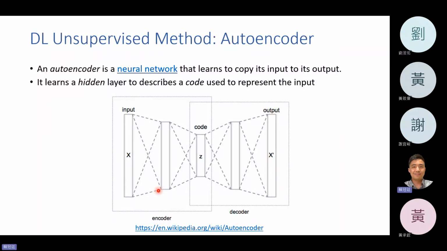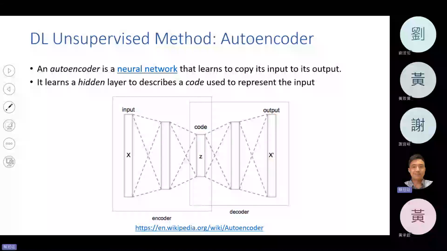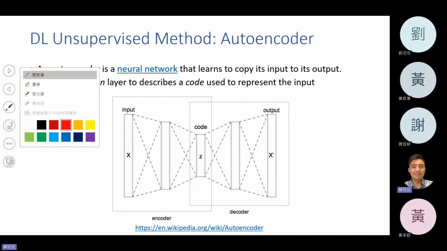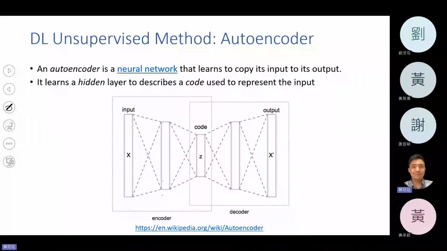For deep learning, the unsupervised method is called an autoencoder. An autoencoder tries to compress data into a small vector, or code, and then reconstruct the same output from that small embedded vector. So it's like an encoder and decoder. The encoder makes things smaller, and the decoder decodes it back.